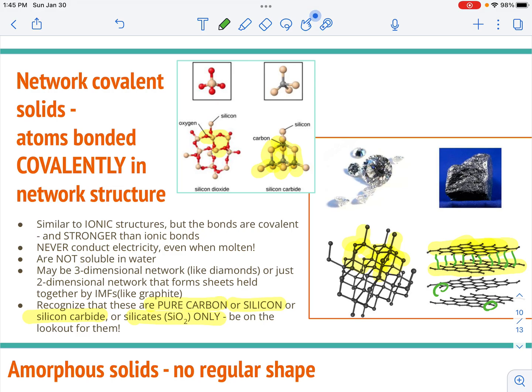This trigonal planar arrangement makes it nonpolar, but the sheets are held together by London dispersion forces. They're pretty strong, strong enough to make it a solid, definitely at room temperature. So graphite in your pencil, when you write, peels a sheet off and peels a sheet off, and after so many sheets are peeled off, you have to sharpen your pencil. This is how that works.